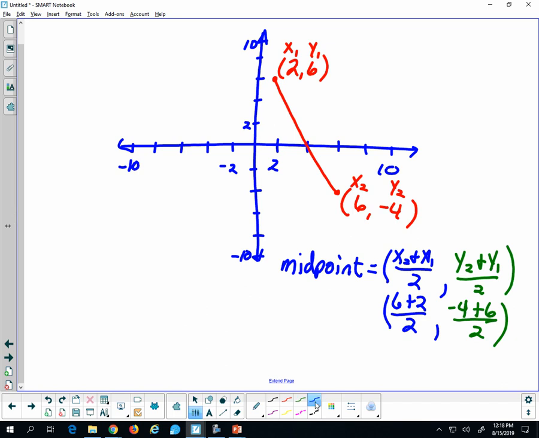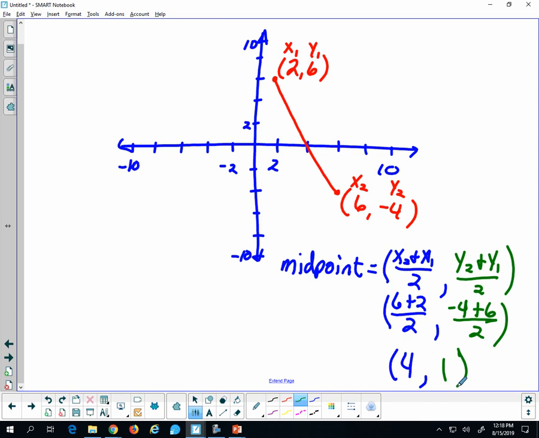Now I'm quickly going to do this calculation in my head. 6 plus 2 is 8, divided by 2 is 4. So that means the x-coordinate for our midpoint is at 4. And if I do the same thing with y, negative 4 plus 6 is a positive 2, divided by 2 is a 1.